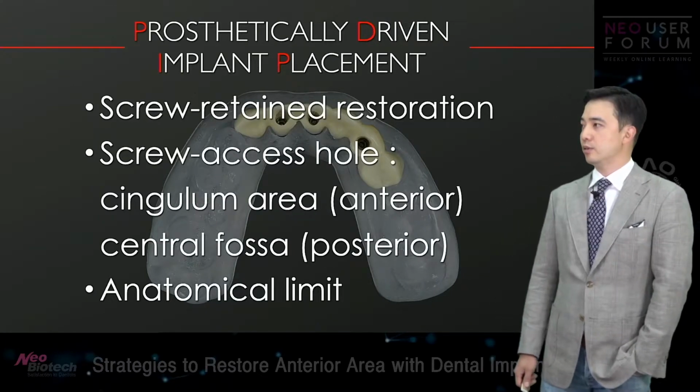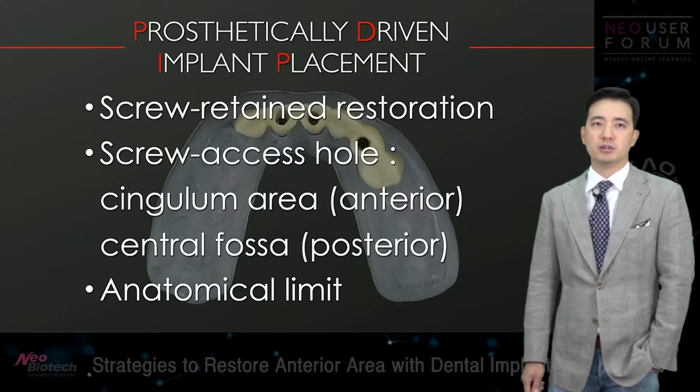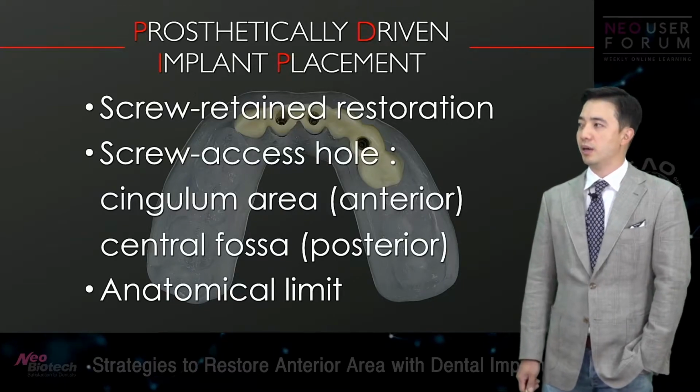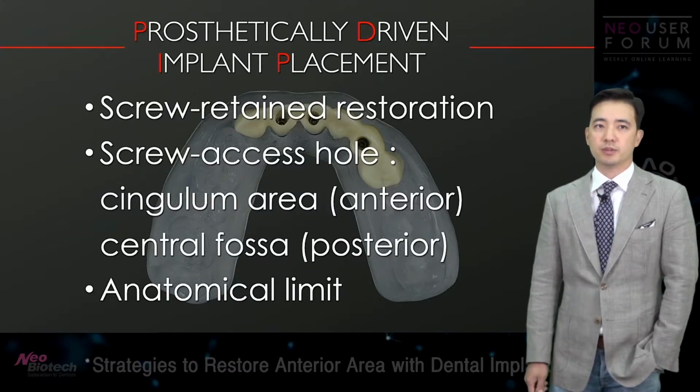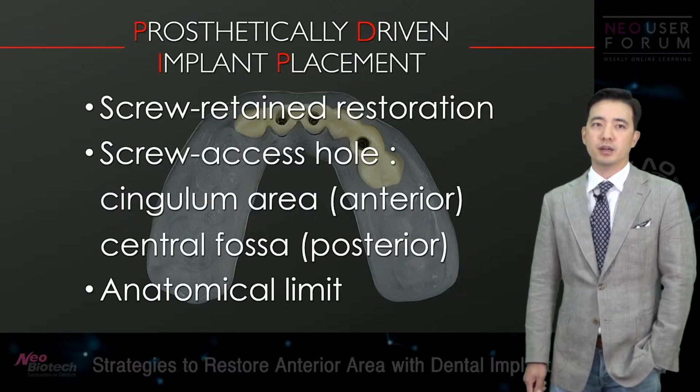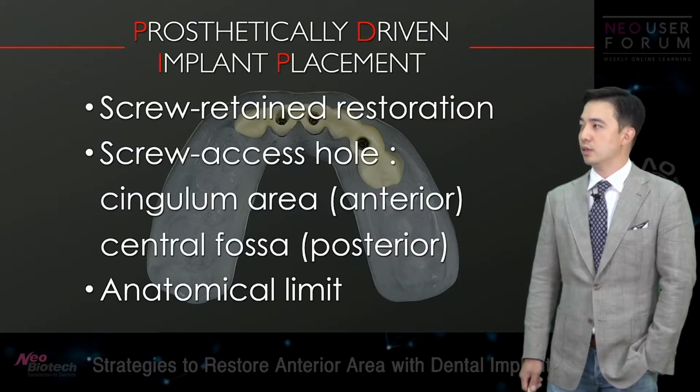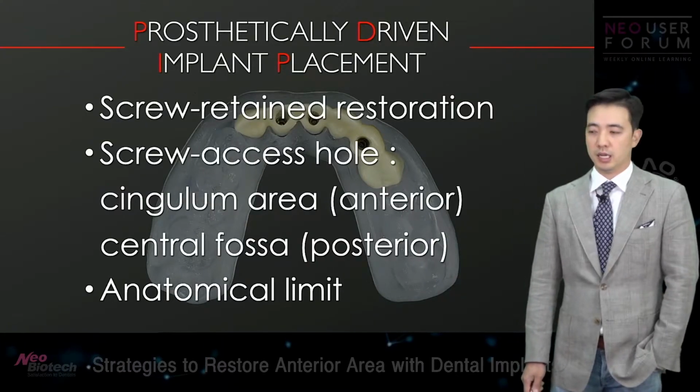And so for the anterior area, you want those screw access holes to come out of the cingulum, and for the posterior area, you want it to come out from the central fossa.